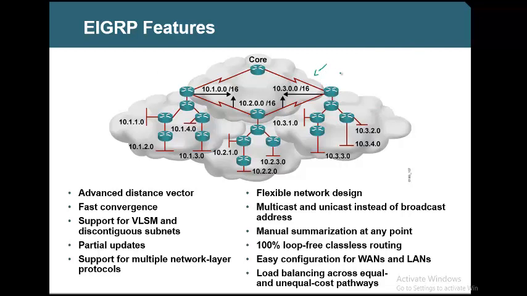This is like autonomous systems. And the routes of this autonomous system and this autonomous system you redistribute. That's how routes from core will come to this distribution layer. So you may have a core autonomous system and distribution autonomous system, 3 autonomous systems, to share routes between the distribution 1, distribution 2, distribution 3.